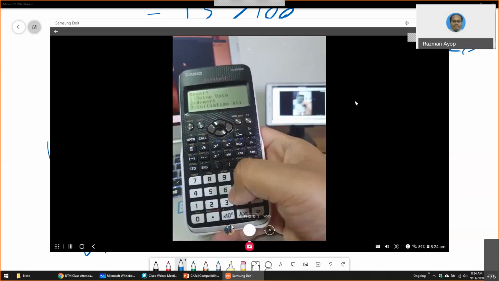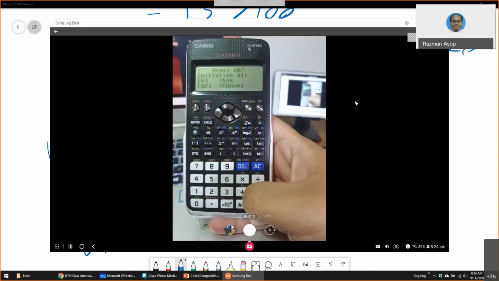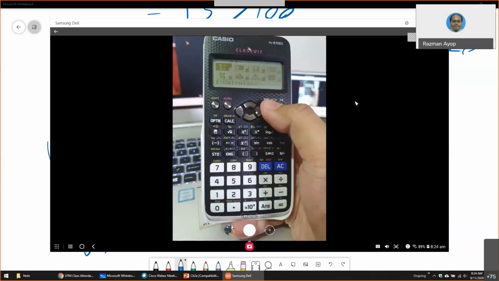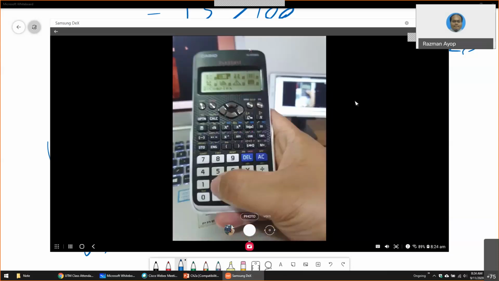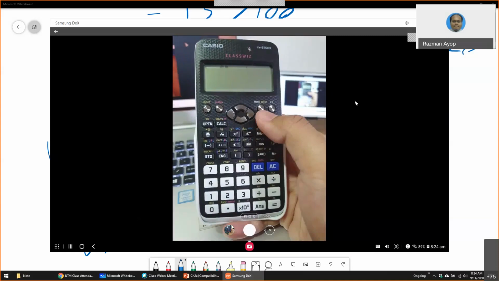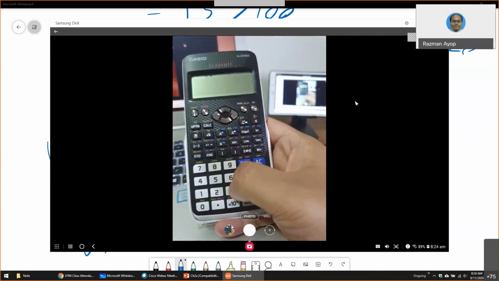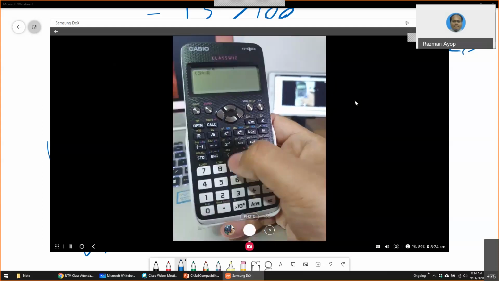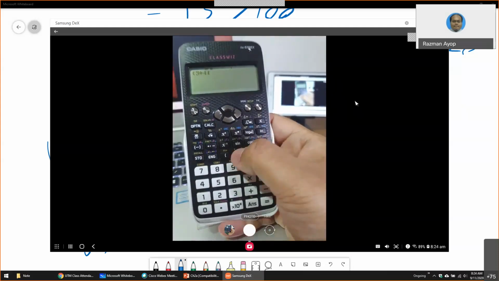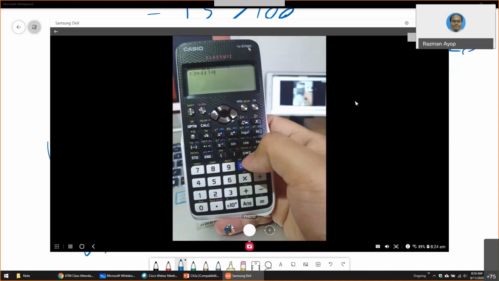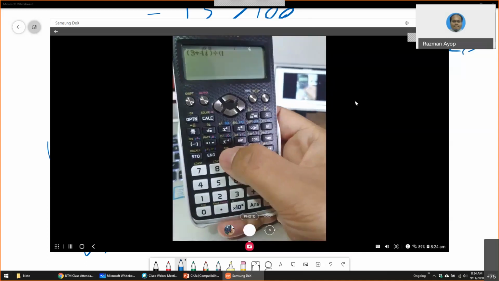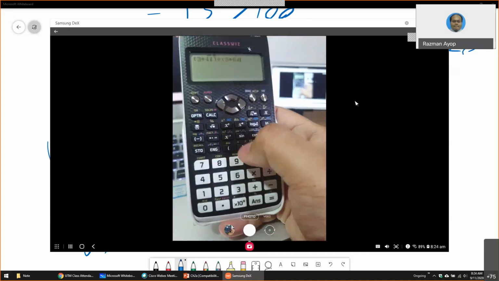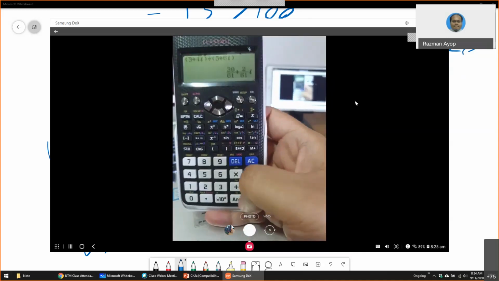Shift reset all. When you do calculations, make sure you reset your calculator. Then 3 plus 4i divide by 5 plus 6i.